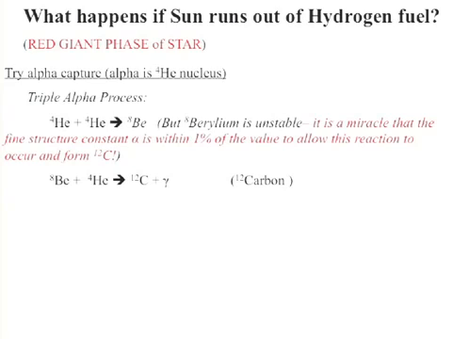That's how all the carbon in you is made. And that reaction occurs immediately after the sun runs out of fuel. As soon as it runs out of fuel. Then the carbon picks up another alpha particle, and it makes oxygen-16. Runs away.